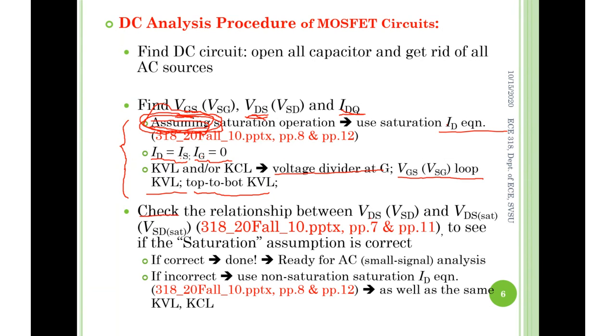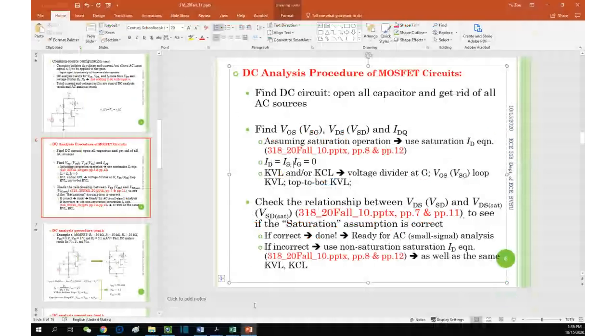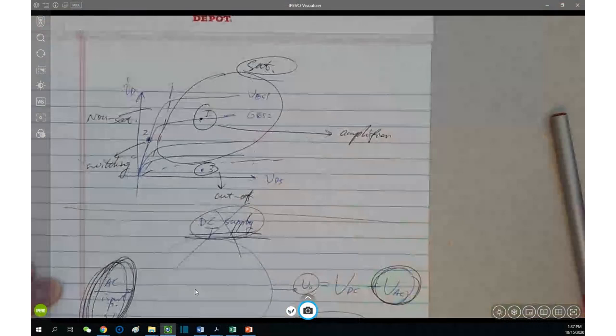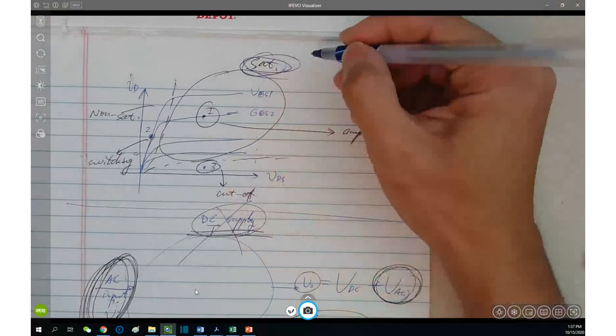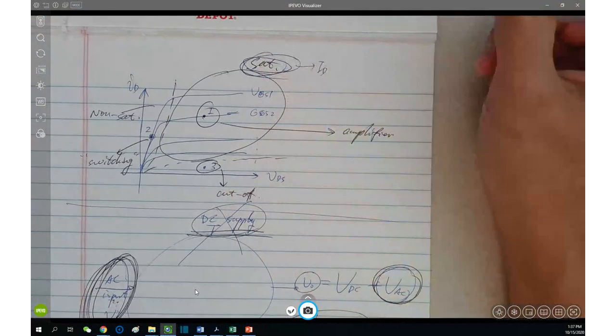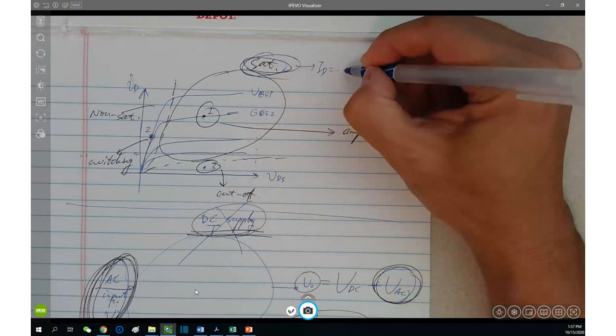Check what? Check the relationship between the VDS and the VDS saturation boundary. What does this mean? Going back to this IV curve, at the beginning you're assuming the saturation region. That's why you used the saturation current equation, right?